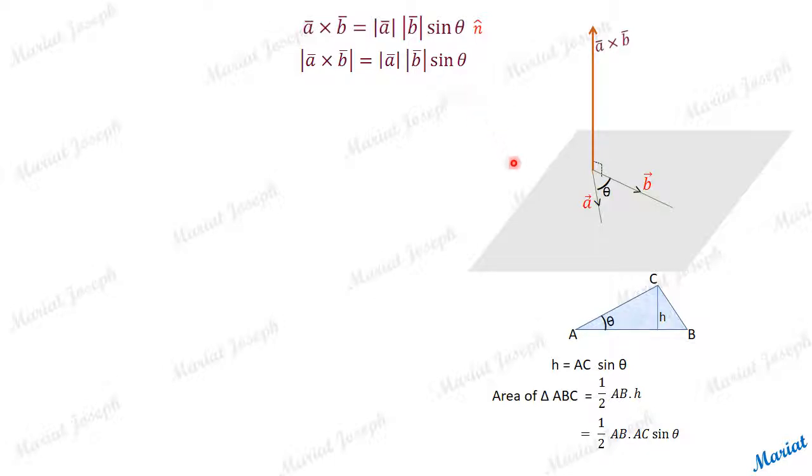Now, come to this diagram and consider a triangle having vector A and vector B as two sides.